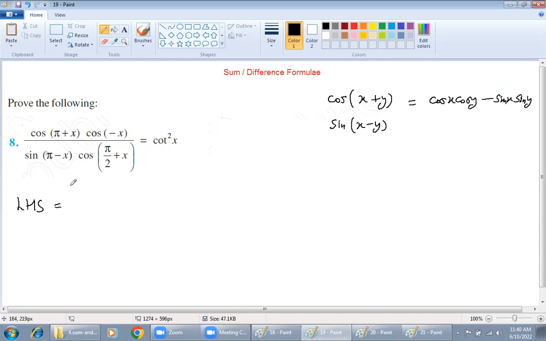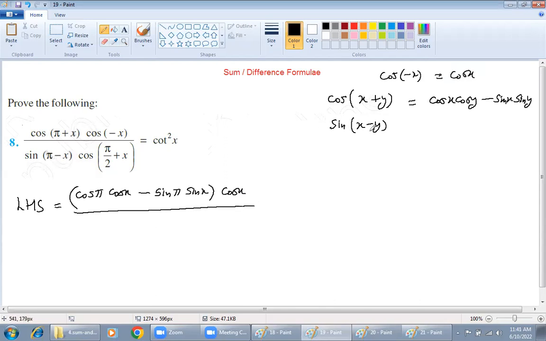and so cos of pi plus x becomes cos pi cos x minus sine pi sine x. Cos of minus x, we know this is same as cos x. So cos of minus x we write as cos x divided by sine of x minus y form, that is sine x cos y minus cos x sine y.